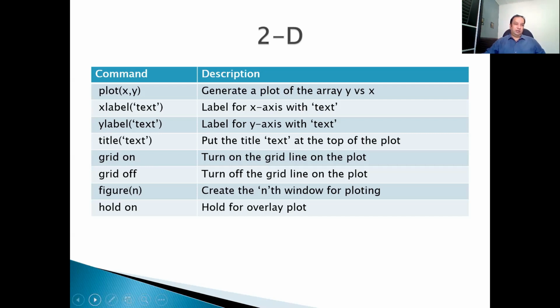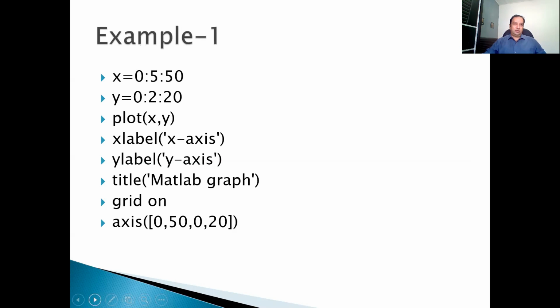So let's see the first example. The first example that I want to show you is that you can write these commands in your Matlab. x is equal to 0:5:50, y is equal to 0:2:20, plot(x,y), xlabel, ylabel, title, grid on, and these things.